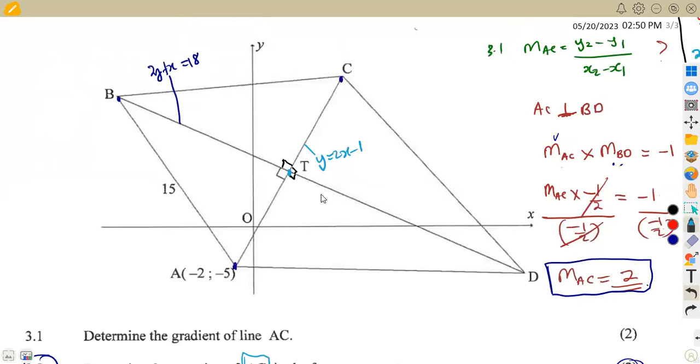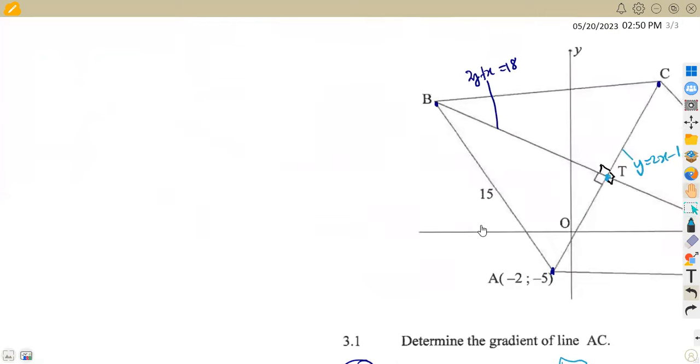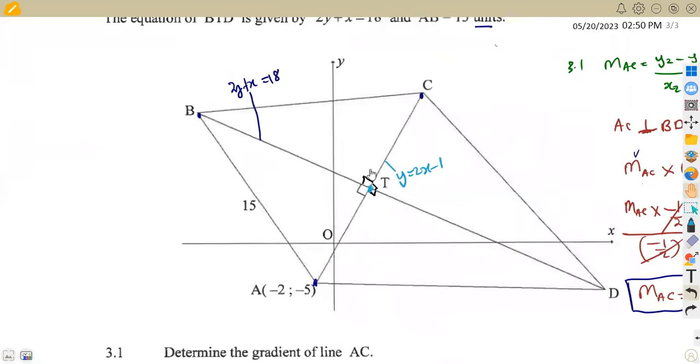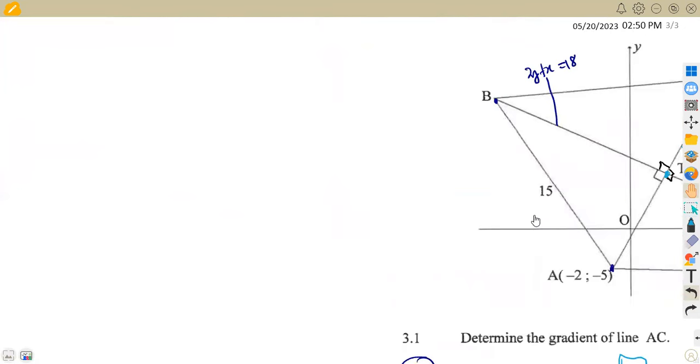So what is it about the point T and these two lines? The point T is the point of intersection. So at the point of intersection, the two lines are equal. Line BD and line AC will be equal at the point of intersection. So let me just present this here.